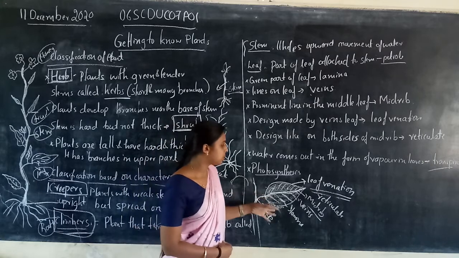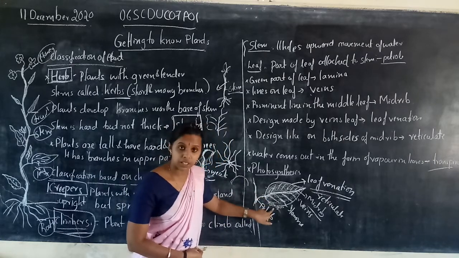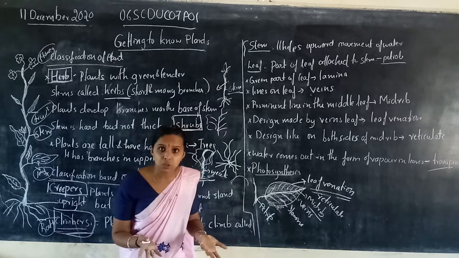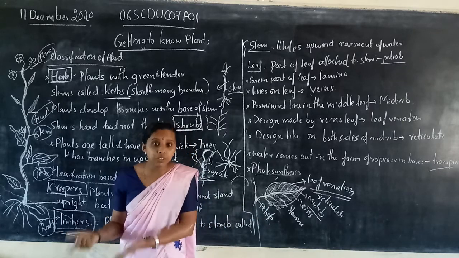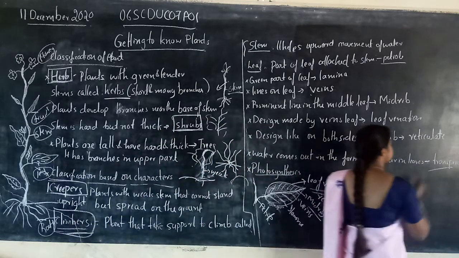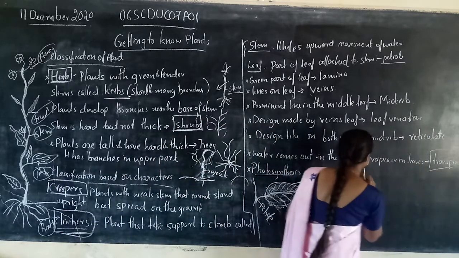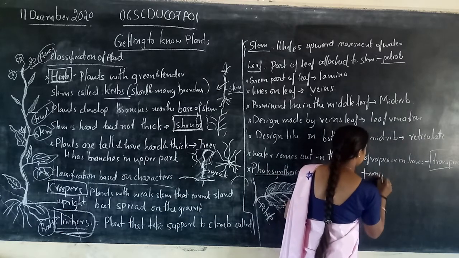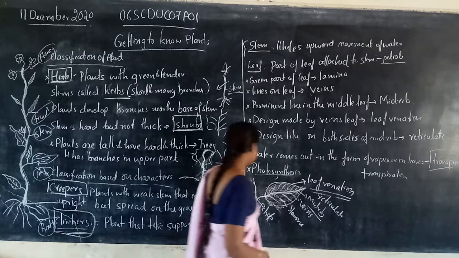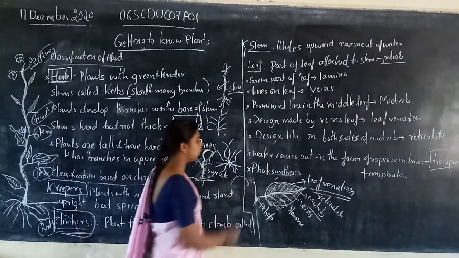The water comes out from the leaves in the form of vapor, right? Stomata remove water from the leaves in the form of vapor. Such a process we call transpiration.